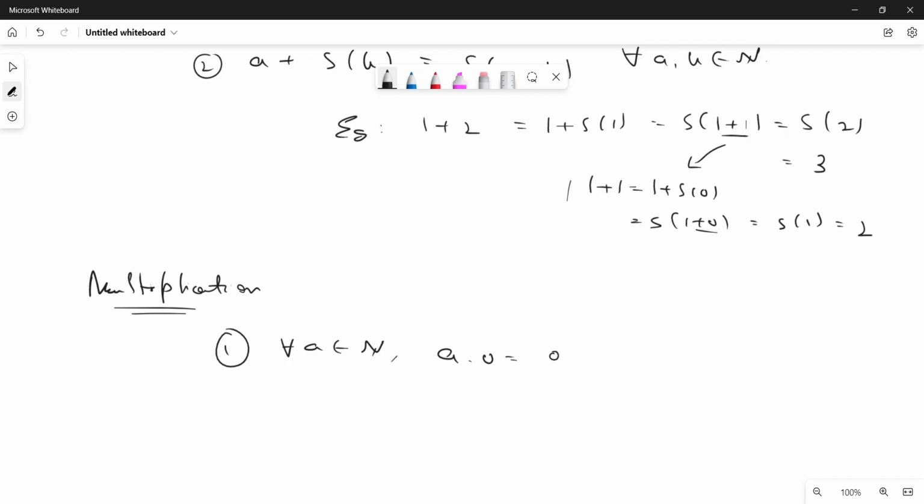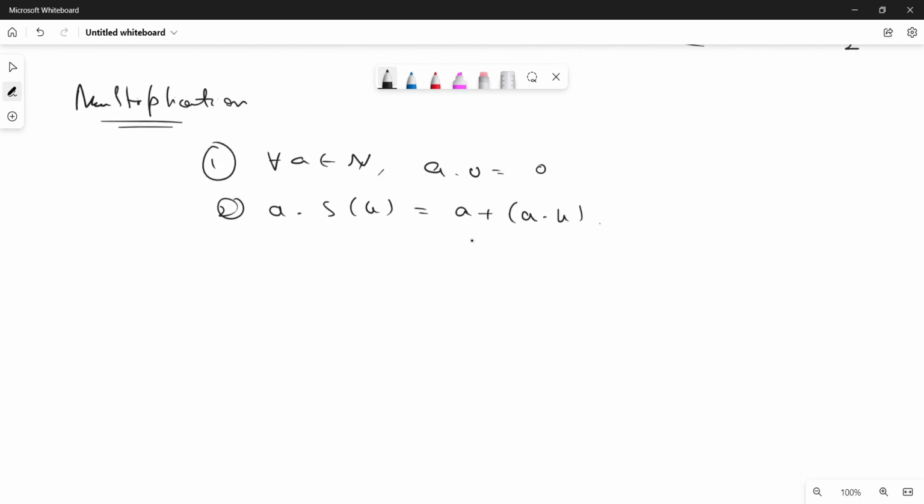The axioms related to multiplication: number one, for all natural numbers, a dot 0 is 0, and number two, a dot sb, where dot is the symbol for multiplication, is given as a plus a dot b. Is it clear?